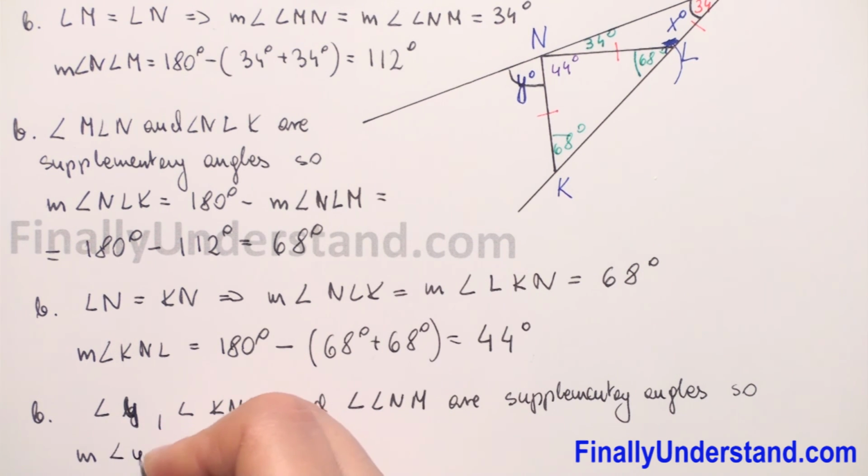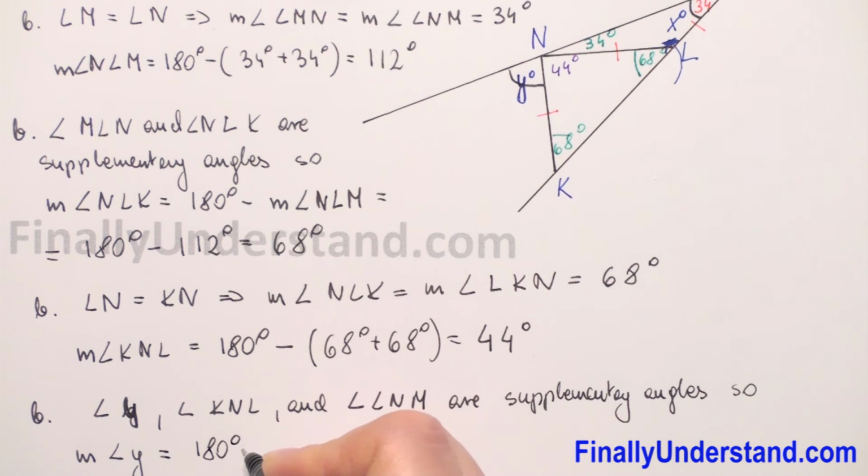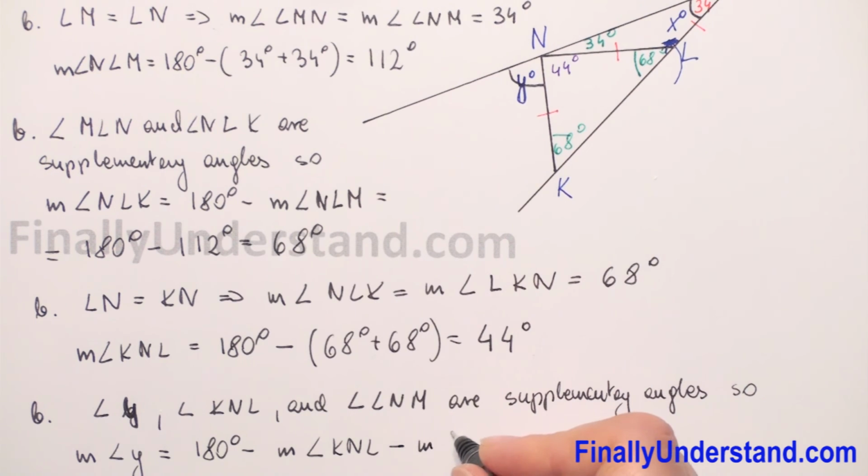The measure of angle y is equal to 180 degrees minus the measure of angle KNL minus the measure of angle LNM.